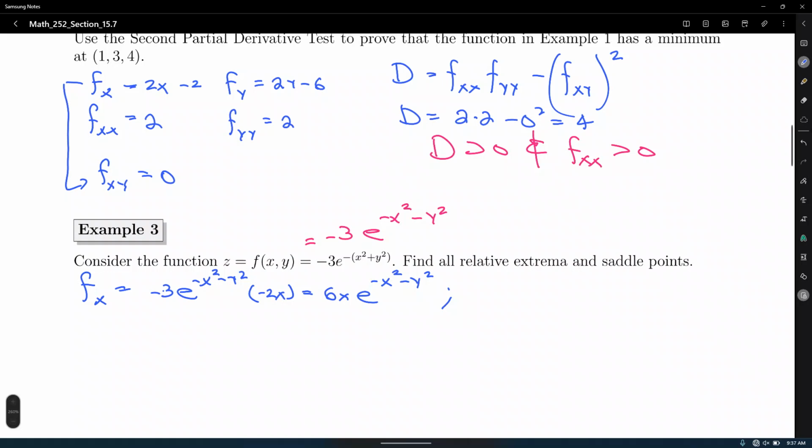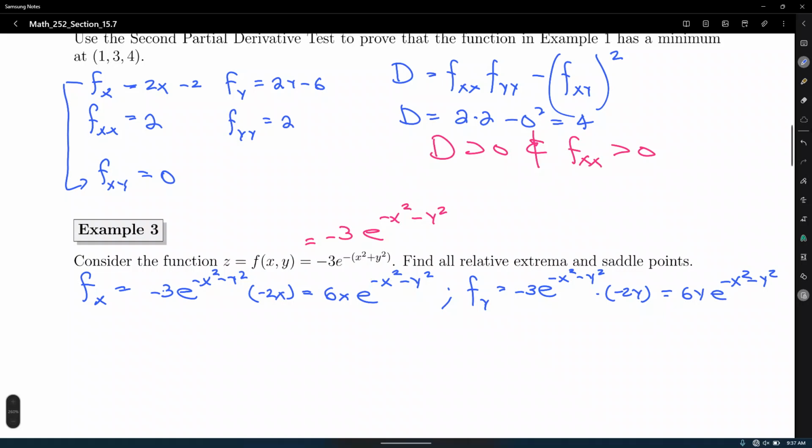Now we need to take the partial derivative with respect y, that is itself, negative 3 e to the negative x squared minus y squared times negative 2y this time, because we're differentiating with respect y. And that is going to give us a similar result, but with the y multiplying the exponential: 6y e to the negative x squared minus y squared. Okay? So those are the first partial derivatives.